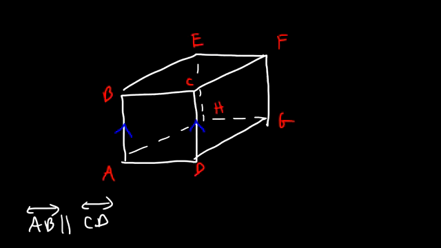Now what about BC and HG? Are they parallel? These lines are parallel because you can draw a plane that looks like this. So BC and HG are parallel lines. They exist in the same plane if you draw it that way.